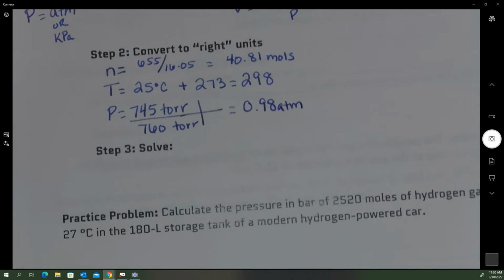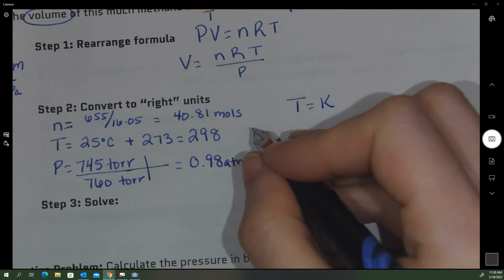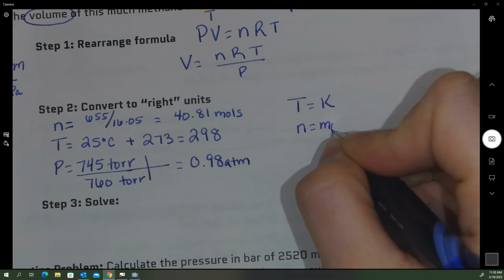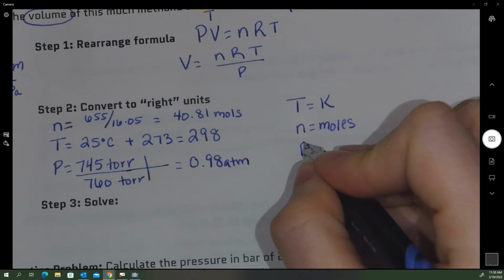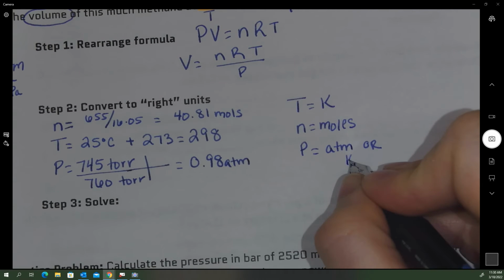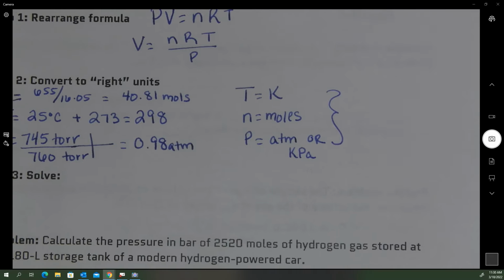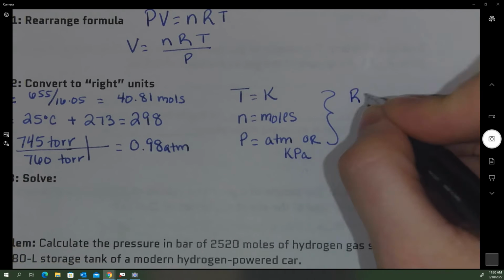So now I'm in all of the units I want. Temperature has to be in Kelvin, n has to be moles, and pressure has to be ATM or kPa. Now that I've done my conversions, I need to pick what R value I want to use. We had two R values.